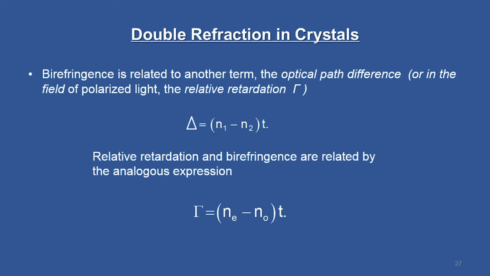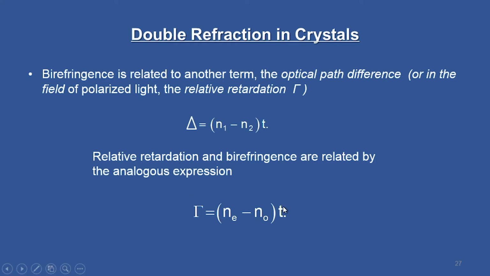Otherwise, in general optical literature, it is referred to as optical path difference, which we have already seen: delta equals n1 minus n2 times T, where T is the thickness of the glass or the medium. Relative retardation and birefringence are related by an analogous expression, that is capital gamma equals Ne, the refractive index of the extraordinary ray, minus No, the refractive index of the ordinary ray, times the thickness.